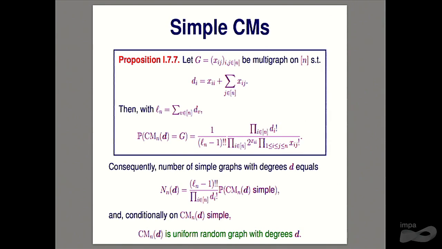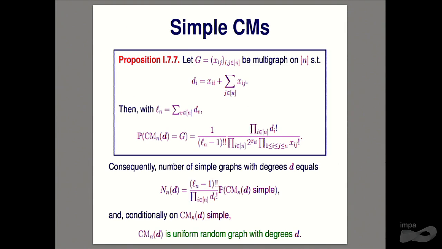So it really is doubly counted. Bear in mind that the self-loop eats up 2 half-edges, so it attributes 2 to the degree. Okay? So this is a given, because I know what my degrees are in my configuration model. I fix those. And then I can compute the probability of observing any specific multigraph.